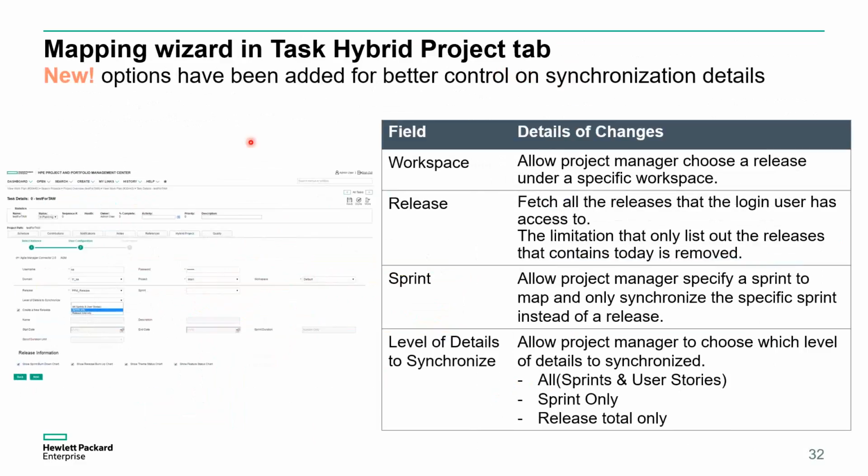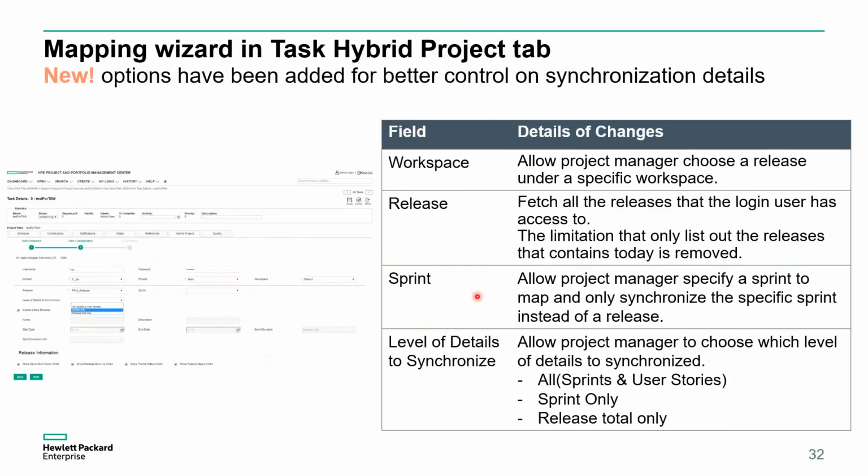Here is where we start defining all the information that we can define in the integration. So first, the workspace. We're used to that. We've done it forever. Well, at least as long as we've had the integration. The release. If you're creating one, you name it. If you're connecting to one, you choose it.